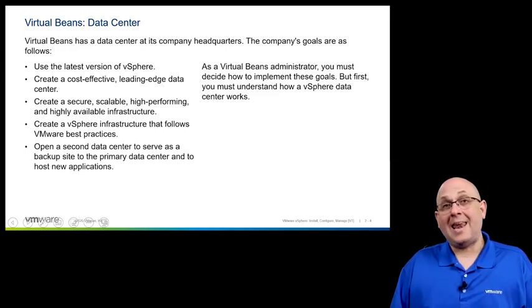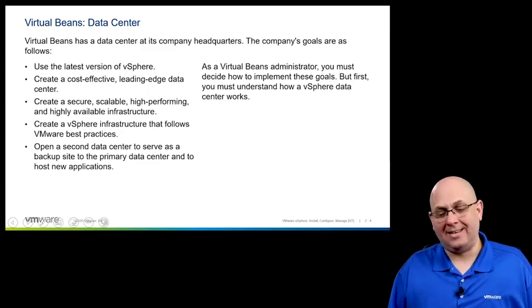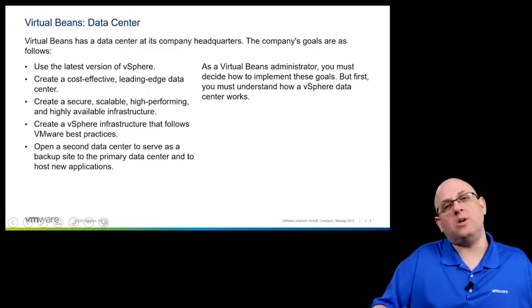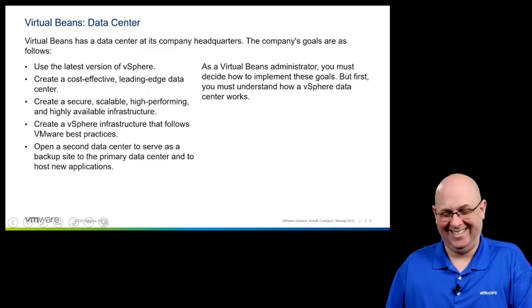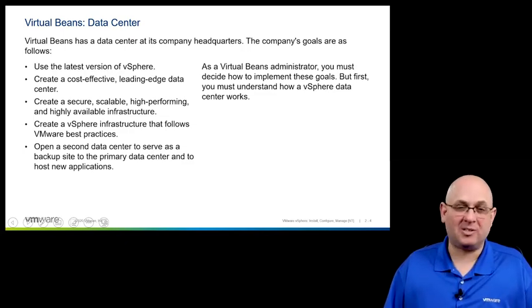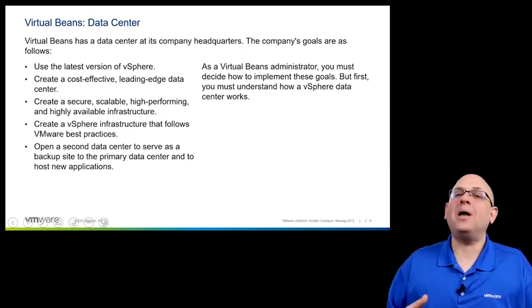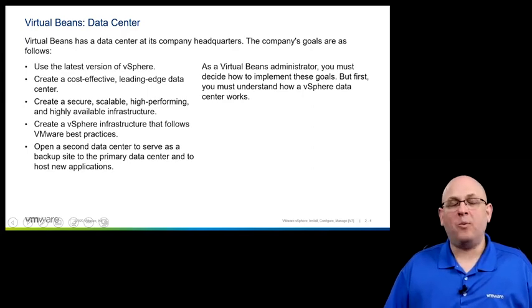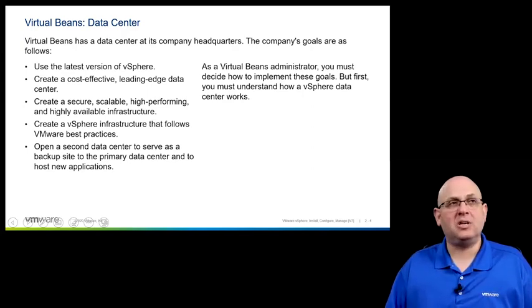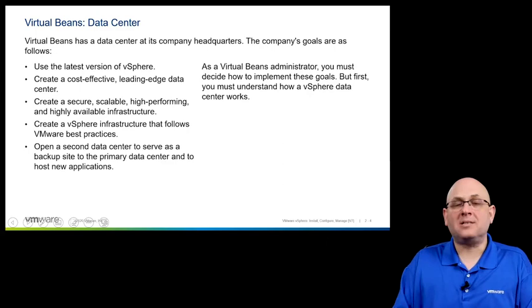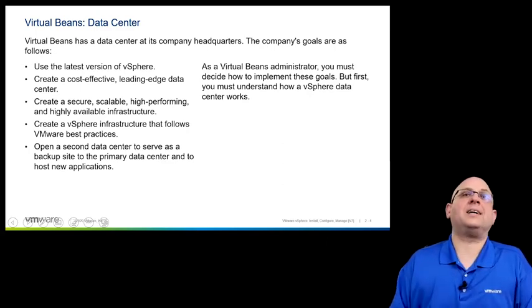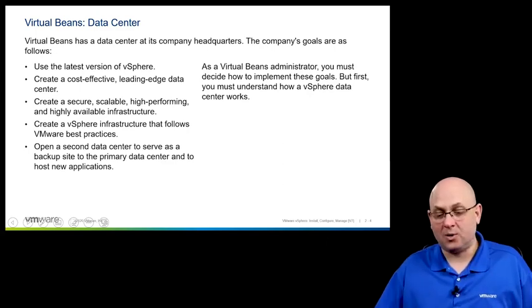In our case, we also want a second data center, right? Because why buy one when you can buy 2 for twice the price, right? So we want a second data center that serves as a backup site. And how might we accomplish that? How might we do things like data replication, business continuity, disaster avoidance and disaster recovery?